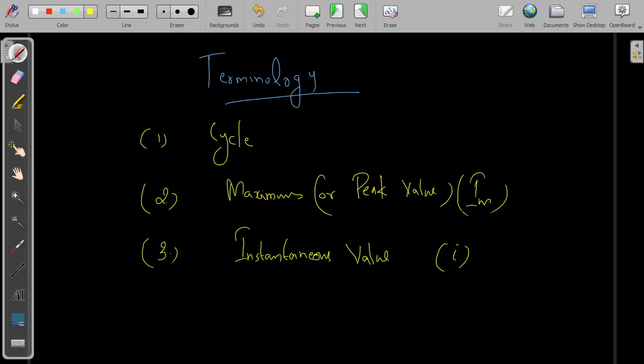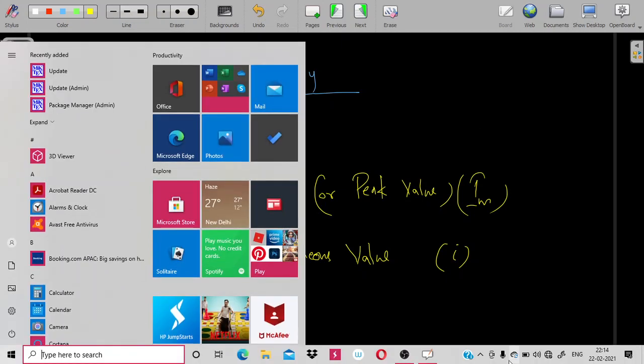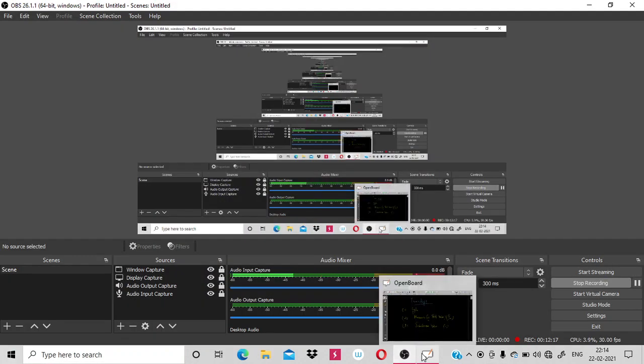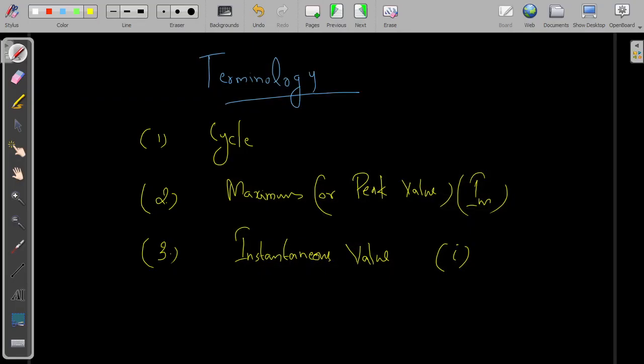I will simply write Im, small letter i, small letter v, capital Vm, like that. On seeing that notation, you should recall that it is our maximum value. You should remember that and be able to recall it.